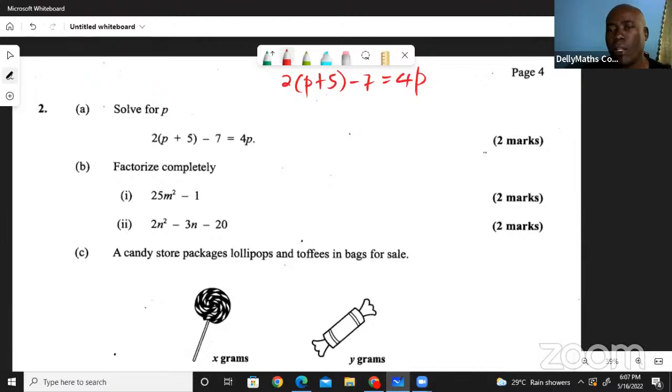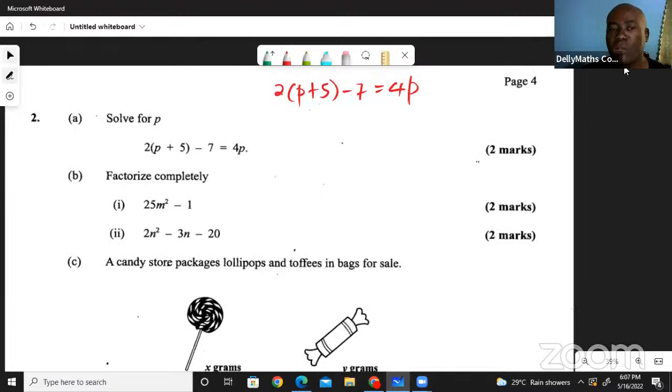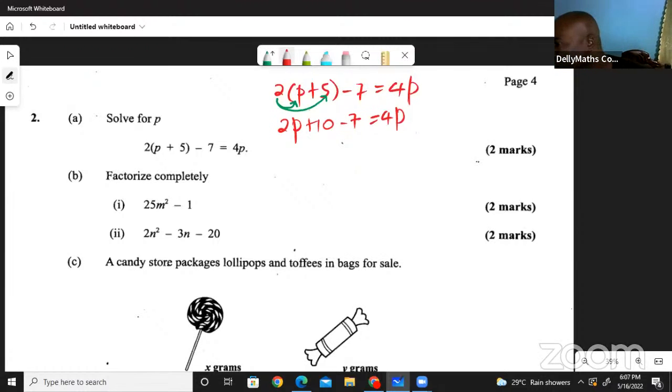In this case, what we want to do is distribute the 2 inside, because we want to find a value for p, but the p is trapped inside the bracket. So we distribute the 2, clear the bracket, and start putting things together. 2 times p is 2p, 2 times 5 is 10, and then minus 7 equal to 4p.